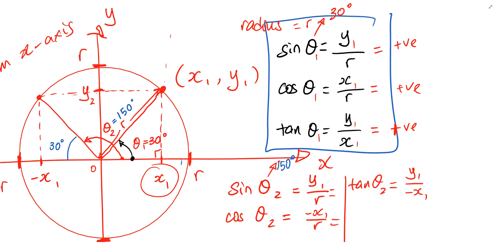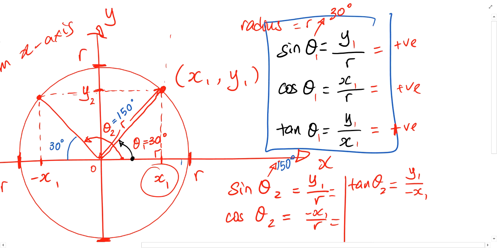Are both the same answer? Yes. So that tells us that sine theta 1 is equal to sine theta 2, provided that this theta 1 and this theta 2, when I draw it like this, are symmetrical. And I told you how to calculate theta 2, which is 180 minus theta 1.